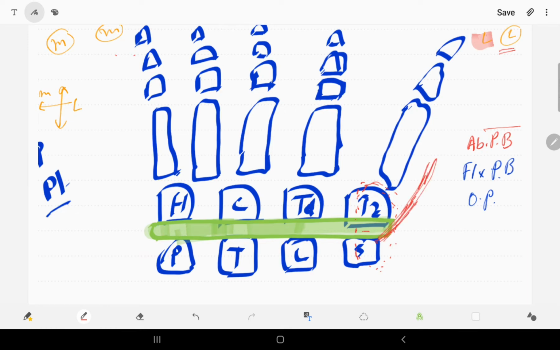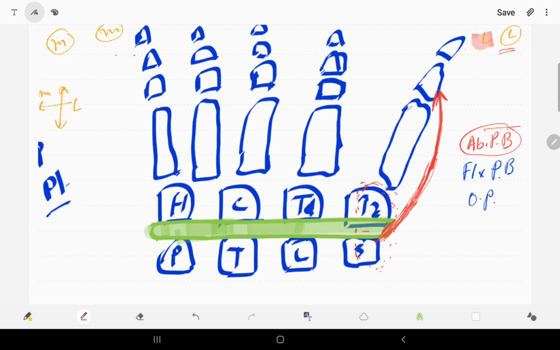I will show you the cadaveric or dissected image also. This is the origin, and this is the insertion point of abductor pollicis brevis. This is most external, towards the outer side.